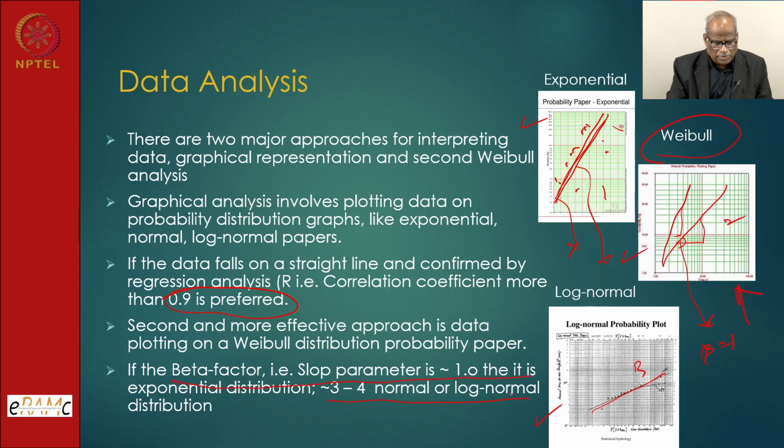If 3 or 4, we get an indication of log normal distribution. So it is better to keep a log normal probability paper and plot the data on that. Here beta is the slope parameter or shape parameter, and there is something called alpha on this axis, and that is called the characteristic life of the component. So you can see the characteristic life here for the component.